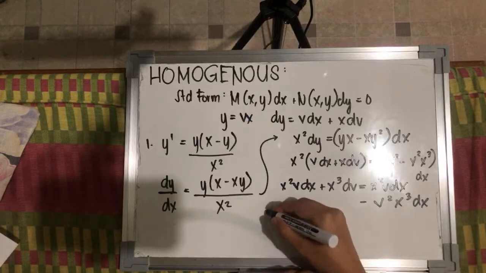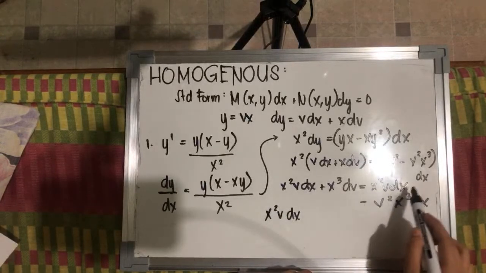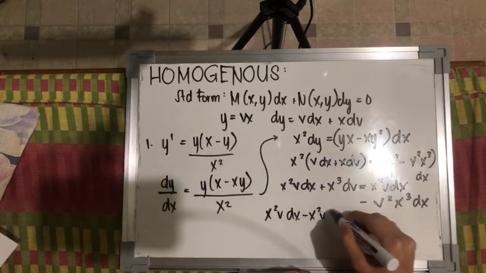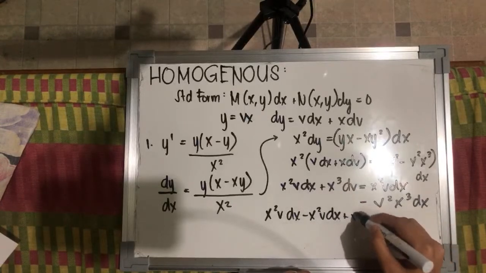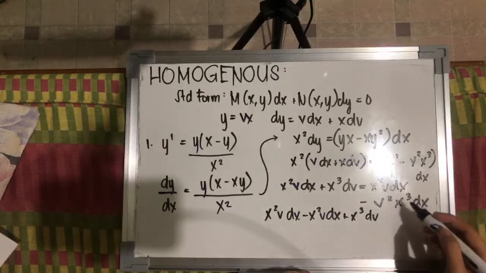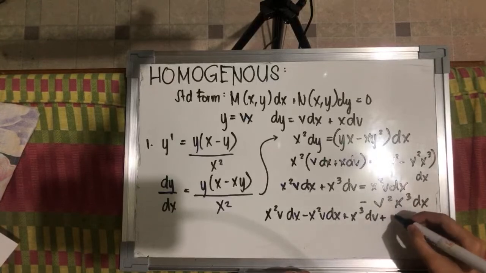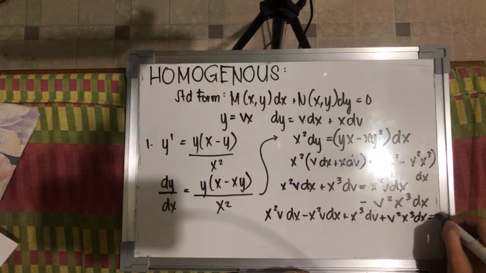So x squared v dx, ito pag transpose ko to magiging negative, so minus x squared v dx plus x cubed dv. Pag transpose ko rin tong ito magiging positive, so plus v squared x cubed dx is equal to 0.